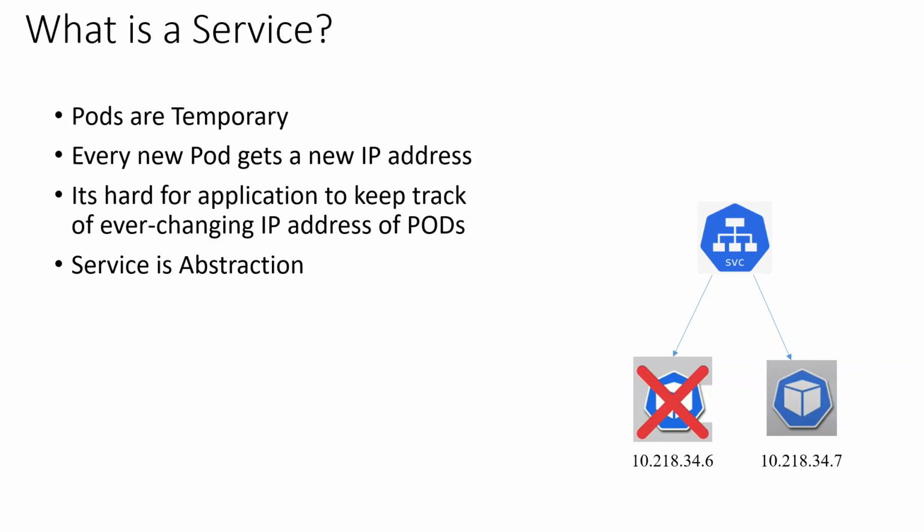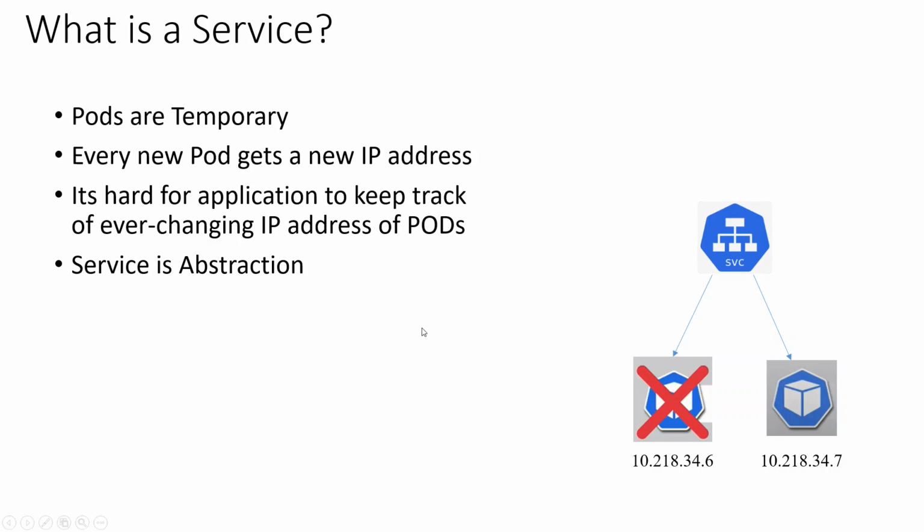Instead of directly talking to a pod, applications talk to the service in Kubernetes, which has a permanent IP address. Whenever a new pod is created, it registers with this service. So whenever an application request comes in, the service randomly selects a single pod and routes that request to that pod.